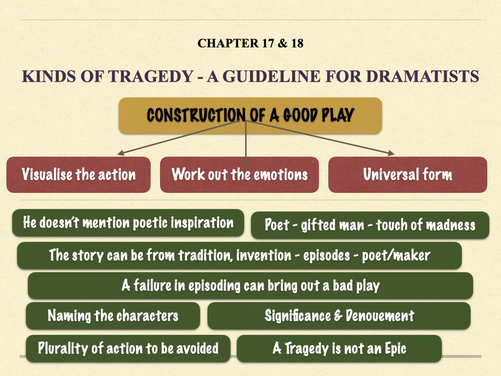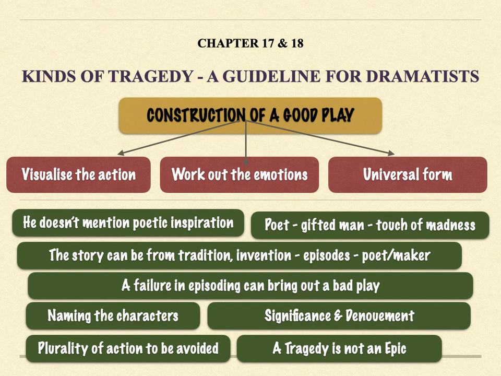So the patterning of episodes is actually the arrangement of incidents, which is the structure of the entire play. Naming of the characters should also be taken into consideration because they should have appropriate names. At the same time, there should be importance given to the complication and denouement. Now, denouement, as you know, is a falling action which comes almost closer to the last part of a tragedy.